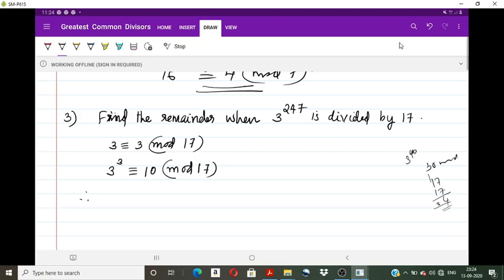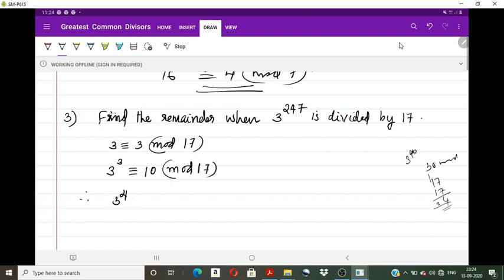And we have 3 raised to 3 is congruent to 10 modulo 17. Our aim is to find a power of 3 which is congruent to some smaller number like 1, 2 or 3. So it will be easier to take the powers.